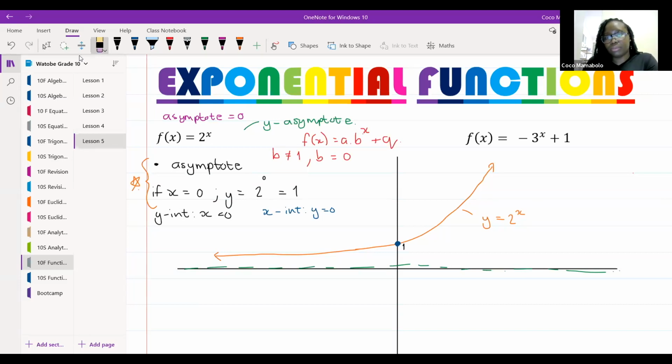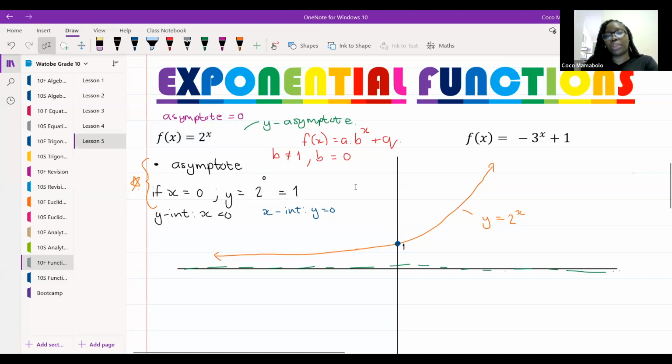Is our asymptote 0 because we don't have a plus something? Yes, but we can easily just do this, Setu. We can go plus 0. What's my asymptote now? 0. Okay, because there's nothing there, our asymptote will be 0. But the mathematics behind it is that we don't find a number that's going to give us 0. Okay, thank you. All right, my sweetie.